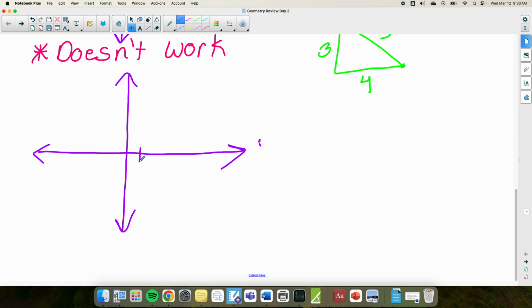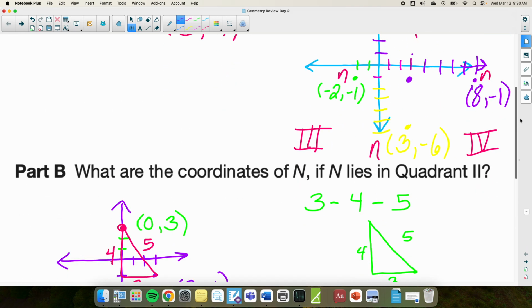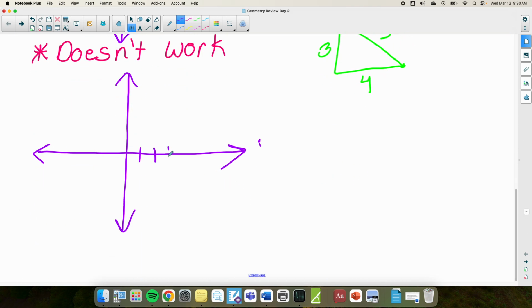So this was at (3, -1). So 1, 2, 3, -1, that's where our point is. Now, this time what we're gonna do is we're gonna go over 4 and up 3. When we go over the 4, over to the axis is 3, so I have to go 1 more, okay?